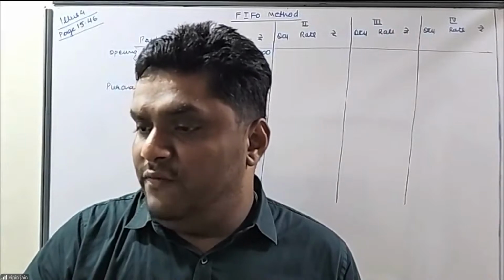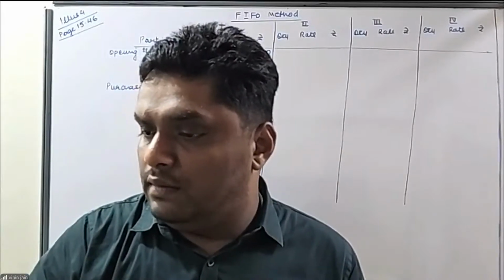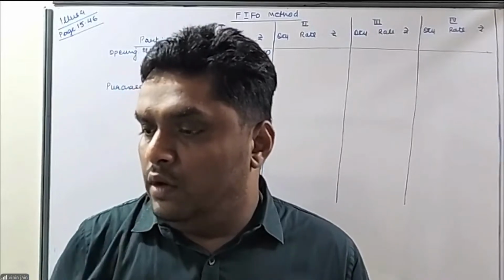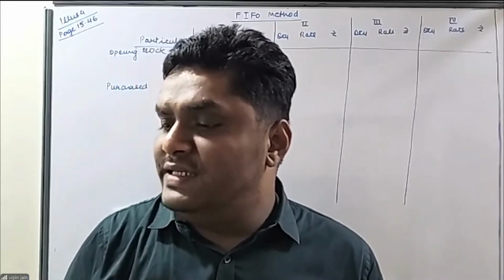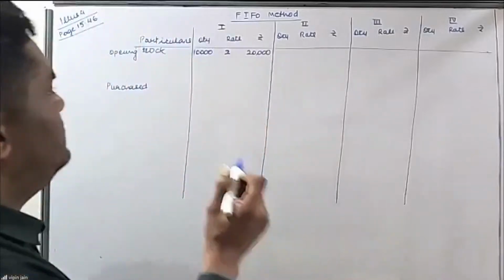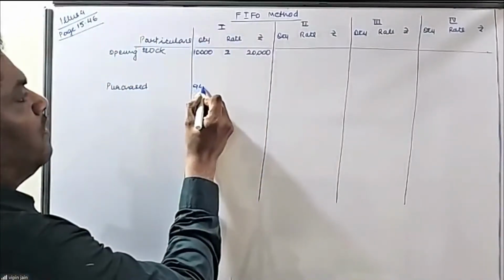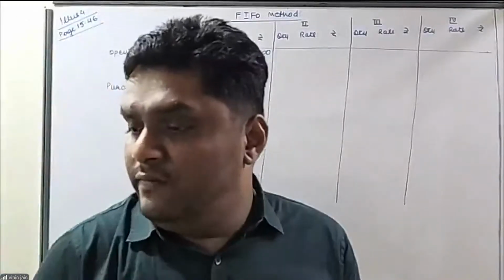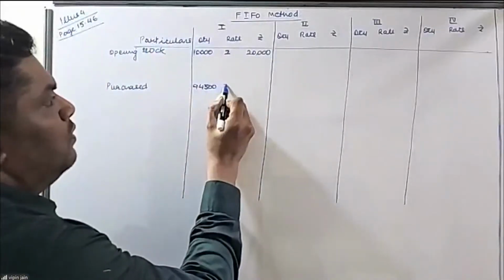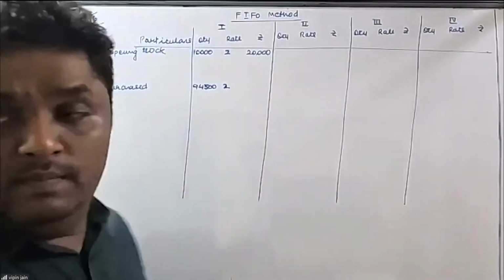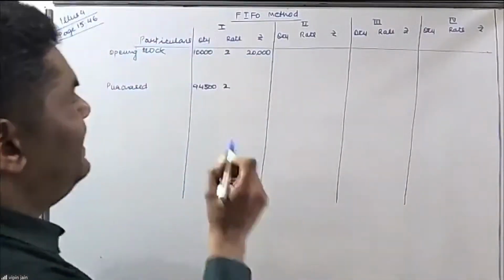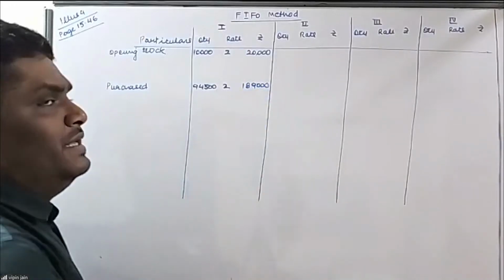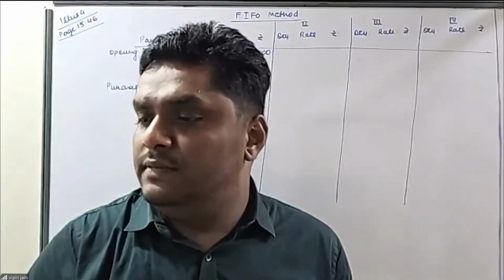That is, in the first quarter, let me open the solution because I've already erased. 94,500 kgs of raw material is purchased at the rate 2 rupees. 94,500 we have purchased at the rate rupees 2. And the total amount is 1,89,000. This is the quantity that is purchased.